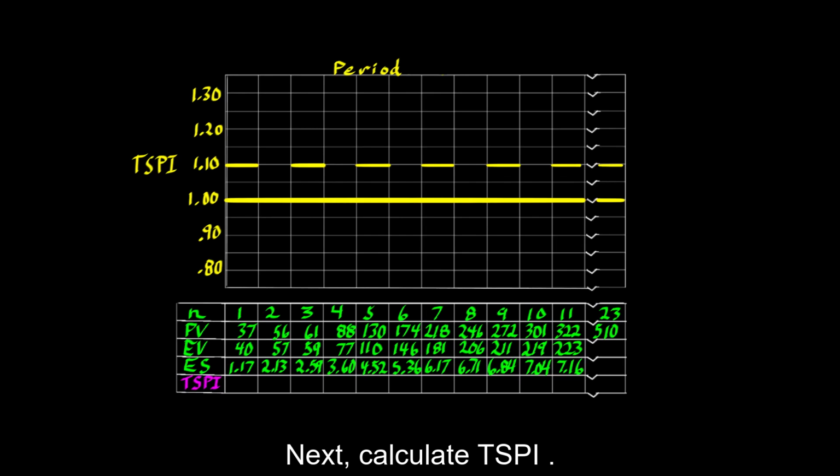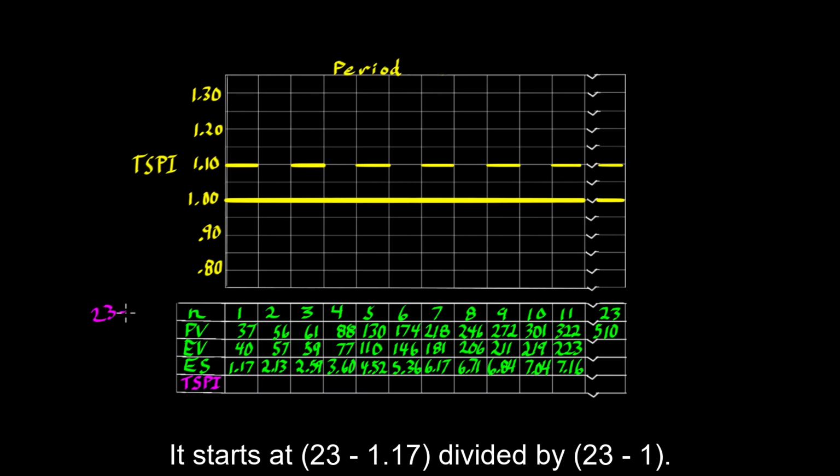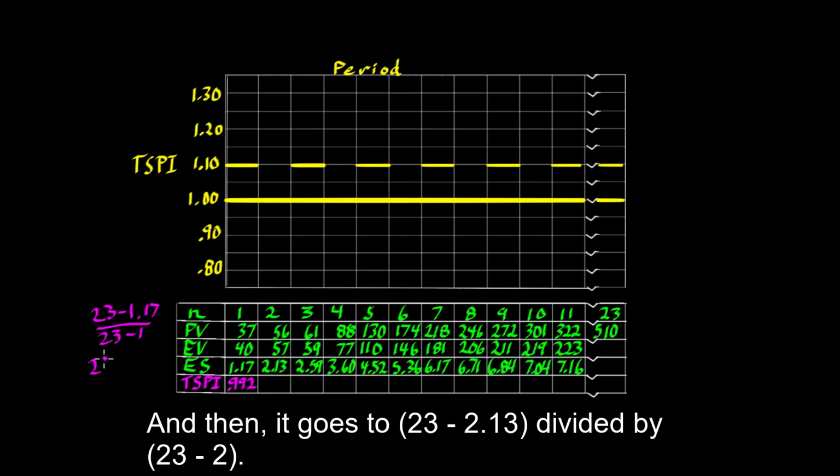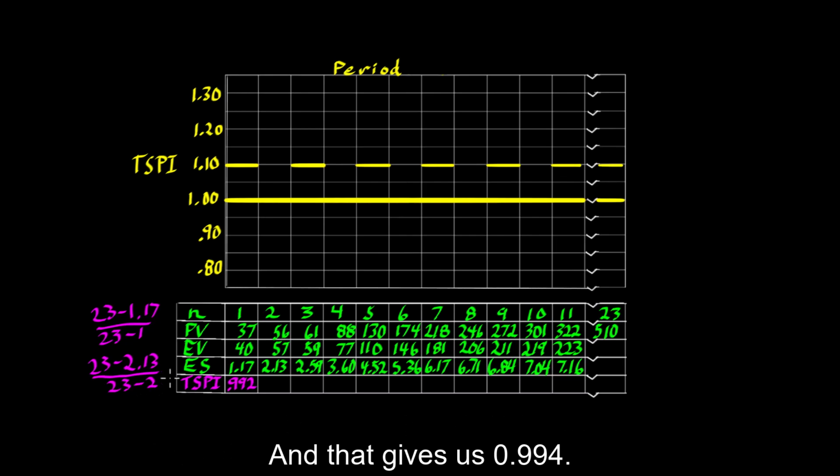Next, calculate TSPI. It starts at 23 minus 1.17 divided by 23 minus 1, and that gives us 0.992. And then it goes to 23 minus 2.13 divided by 23 minus 2, and that gives us 0.994.